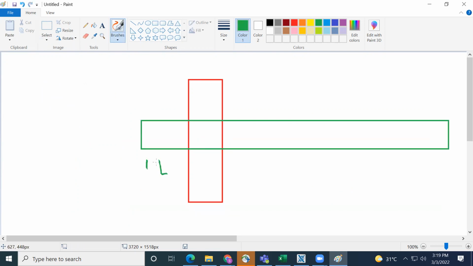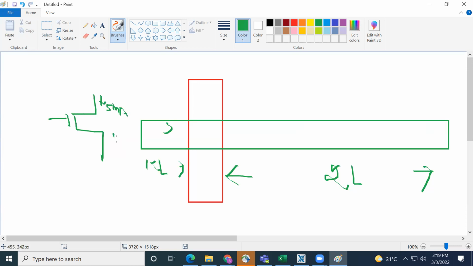I'm just repeating again. This length is 2L. Due to the mismatch of the length, you are passing a current through the source or drain, connecting devices. It will carry the same current because it is in series. So here 5 milliampere is carried, and the drain also carries 5 milliampere. 5 milliampere means the electrons will be 100.